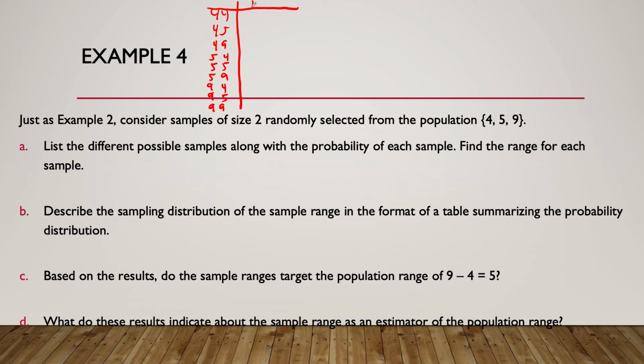If we take the ranges, subtracting these, we get 0, 1, 5, 1, 0, 4, 5, 4, 0. And the probability of these occurring is 1/9 for each one of them, since they're all equally likely.